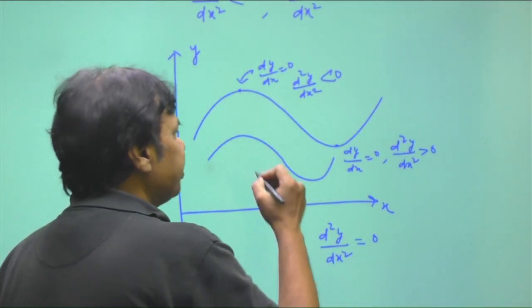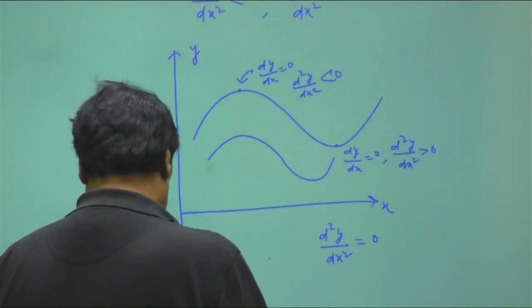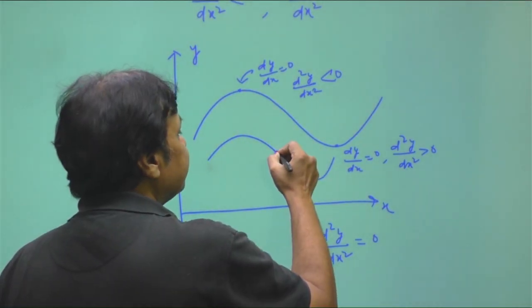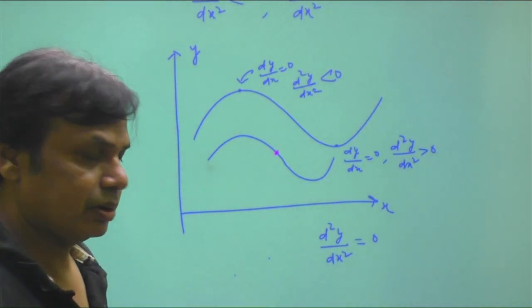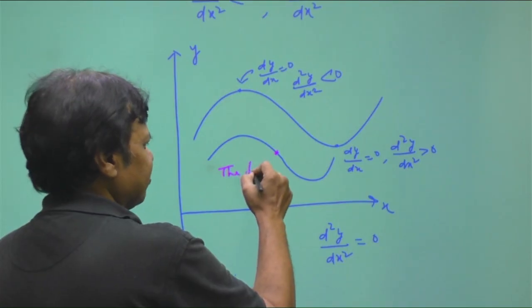And if you can find the point where the curve changes its concavity, that is usually called the point of inflection.